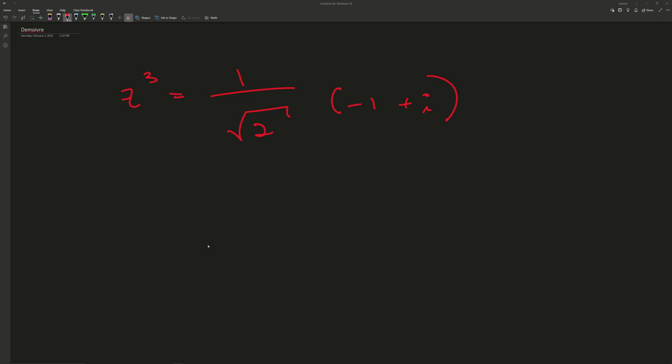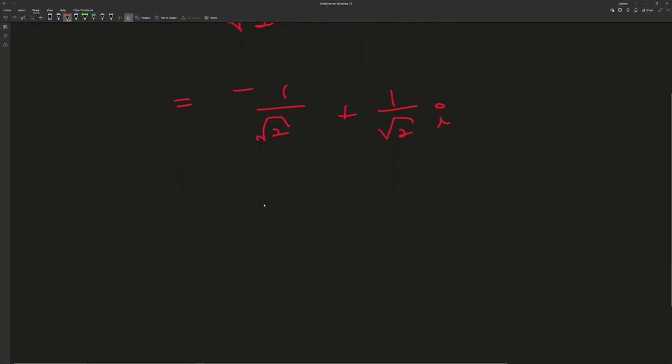So let's expand this first, just to make my working a bit easier. I'm just going to multiply inside here. I'm going to put this as negative 1 upon square root 2 plus 1 upon root 2 i. You could leave it like this and solve. I'm just going to expand it here to make it a little bit easier for me.